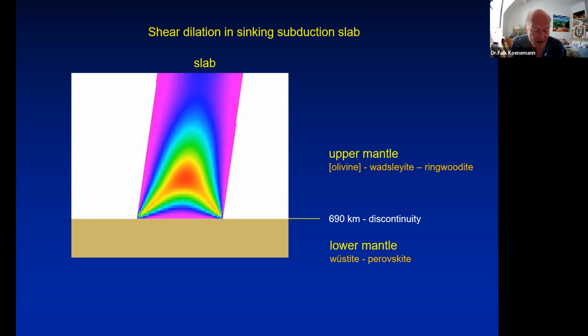Therefore, it builds up a loading configuration similar to that of a long bar subjected to a compression along its long axis. The shear dilation will develop a maximum above the obstacle in the slab until it yields by precisely the same mechanism as any material that yields near the surface.